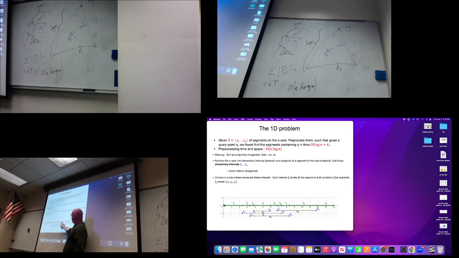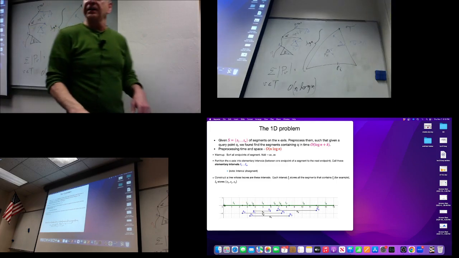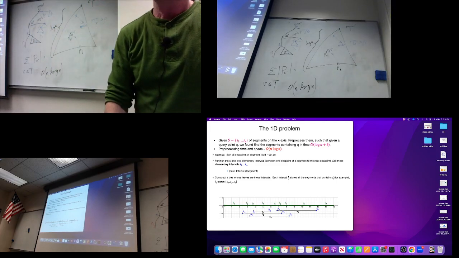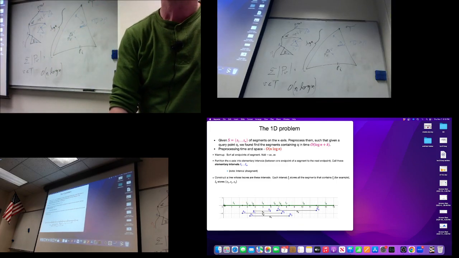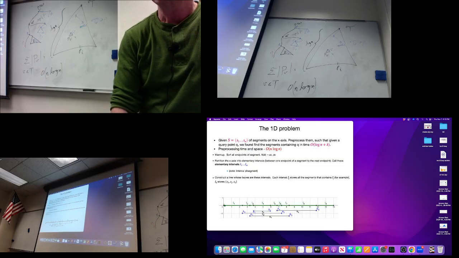So somehow I'll want to store with I6 all these segments, so that if I have a query point that lands in I6, I can just tell you these are the segments that contain I6, because they contain the whole interval, and my point is inside I6.